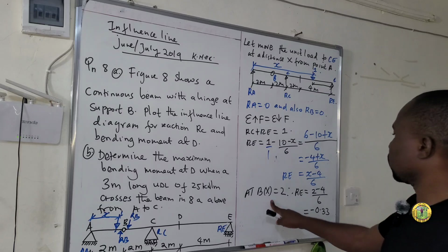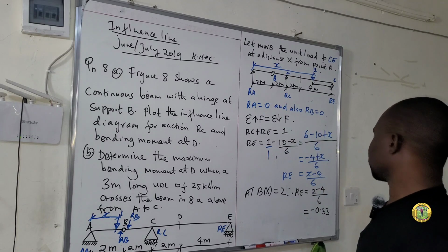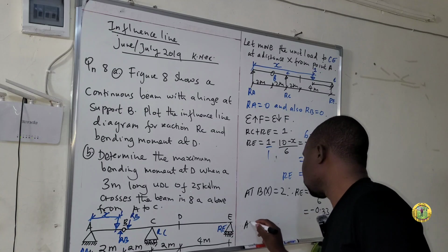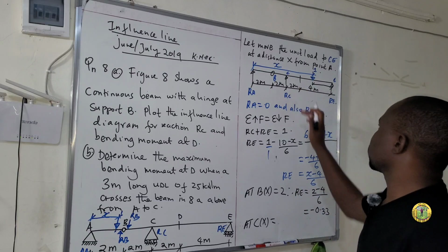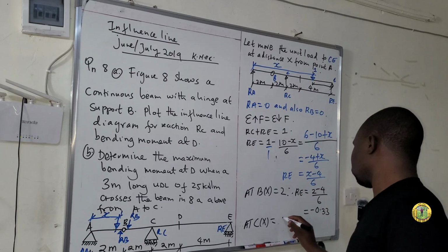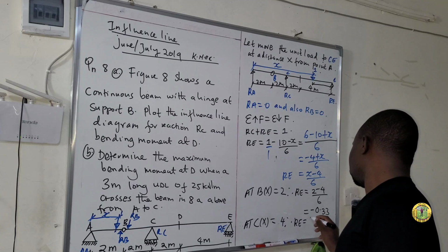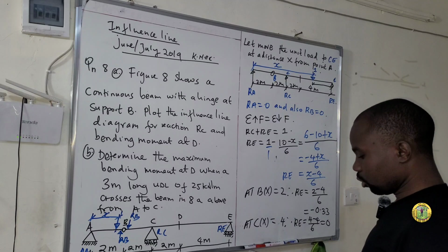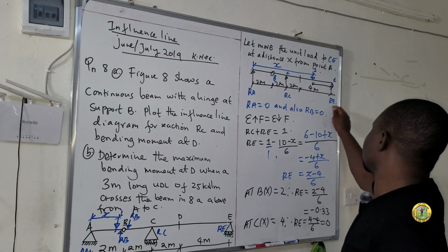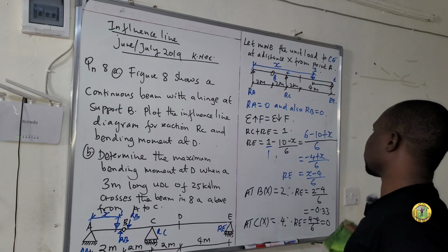So this is at B when x is equal to 2. And then we move to C. At C, x is equal to 2 plus 2, this is 4. So therefore, RE is equal to 4 minus 4 over 6, which is equal to 0. And then you move to E. At E here, x is equal to the whole of this length, which is 10.